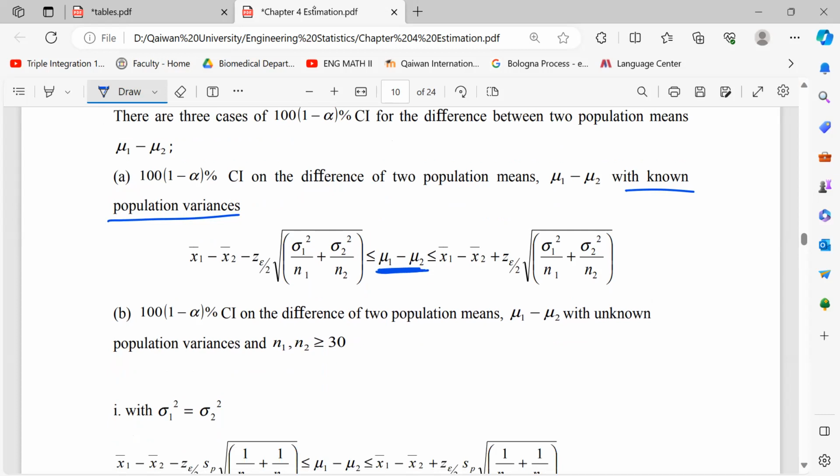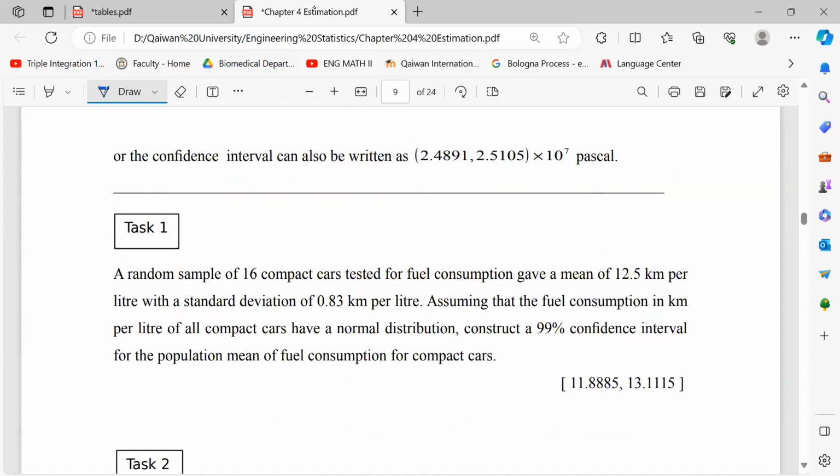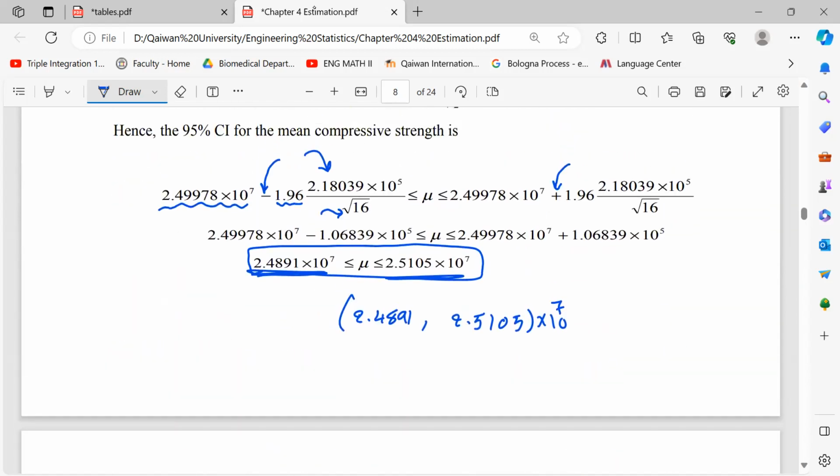But if we have two populations, we have two mu's, and we need to find the confidence interval for the difference of their means. Now, we say mu1 minus mu2 is in that range that you will find. In the previous example, we said the mean is in this range.